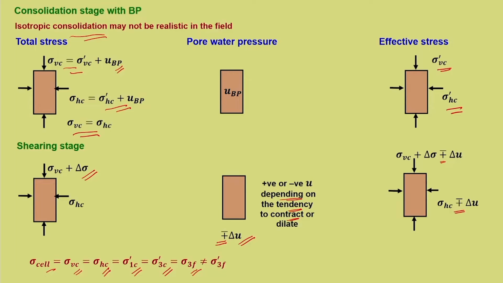But since the shearing stage is undrained, there will be pore water pressure that gets generated. So definitely the final effective cell pressure, that is sigma dash 3f, is going to be different, which is sigma 3f plus or minus delta u. So that is why this is not the same, and the final deviatoric stress at failure will be sigma 1 minus sigma 3 at failure.